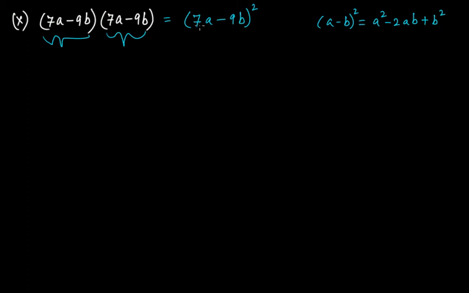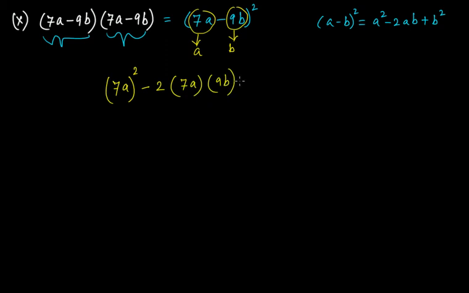So here your a becomes what? 7a, and b becomes what? 9b. So a squared is what? 7a squared minus 2 multiplied by 7a multiplied by 9b, and then plus 9b whole squared. This gives you 7 times 7 is 49. A multiplied by a is a squared.